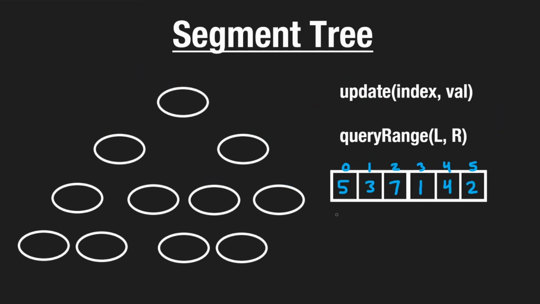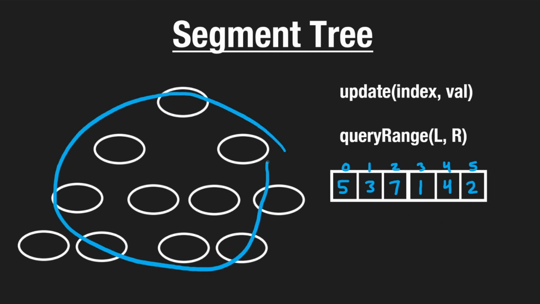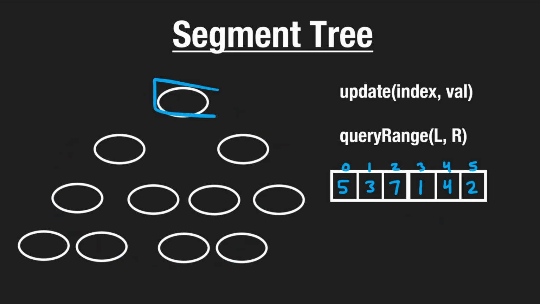So suppose we were given an array that looks like this, indexes 0 through 5. The values aren't super important, but they will be relevant when we're calculating the query range sum. But given this, how would we represent it with a segment tree? Well, like I said, the root node is supposed to represent the entire array.